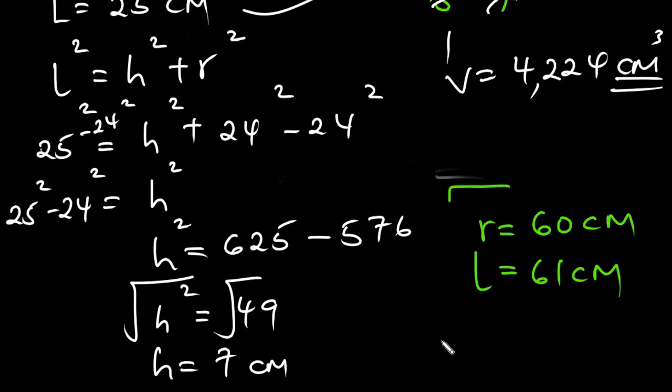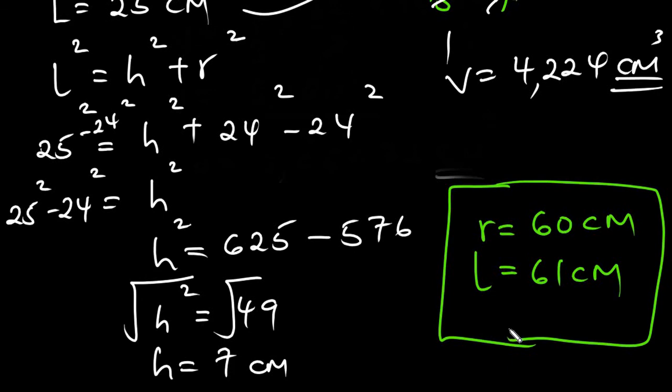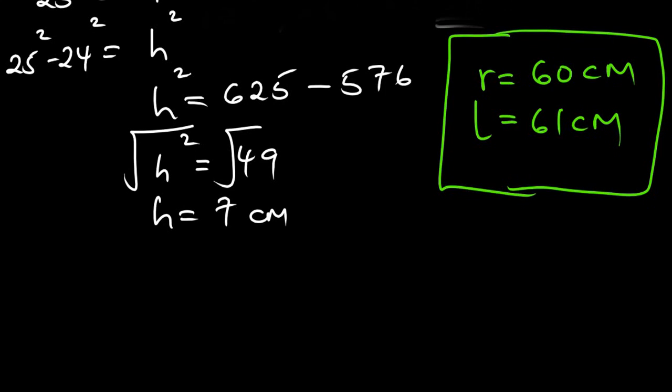Try to work out the volume of that cone using the process that I've just shown you, and let me know the answer by dropping your comment in the comment section.